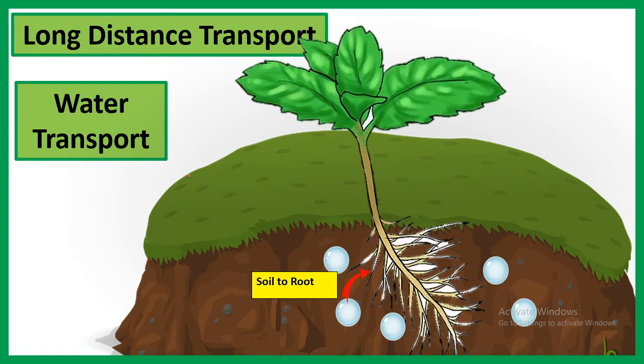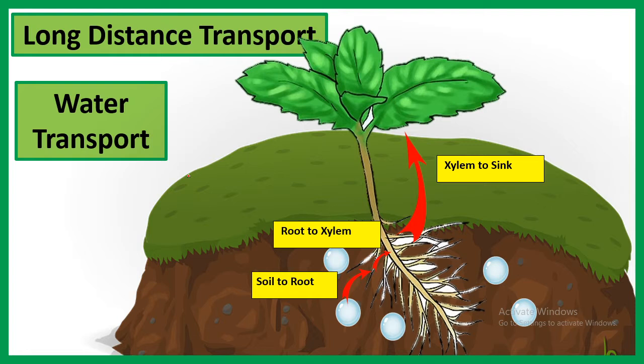Then from the root hairs through the different cells in the root tissue into the conduction tissue, that is the xylem for water. So from root to xylem, from the part of the root where it is getting absorbed, it has to traverse different ways to get into the conduction tissue, which is present in the core region of the root, right? And after that, through the conduction tissue, it has to go into the part where it is required. That is known as the sink.